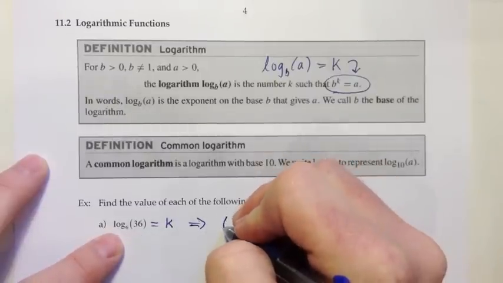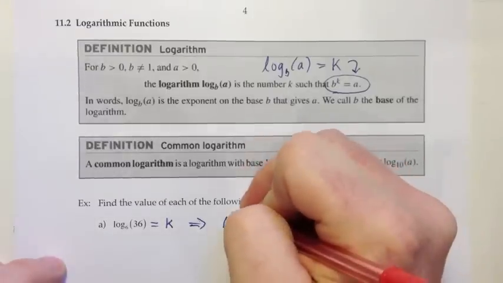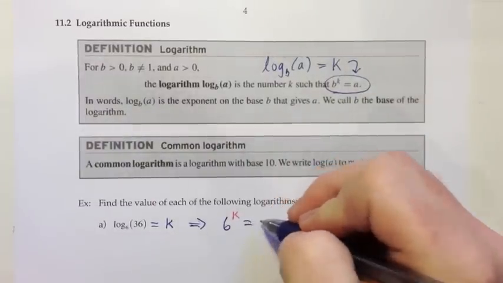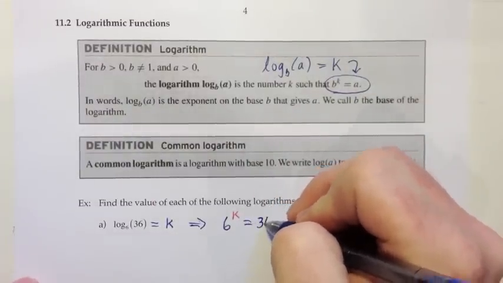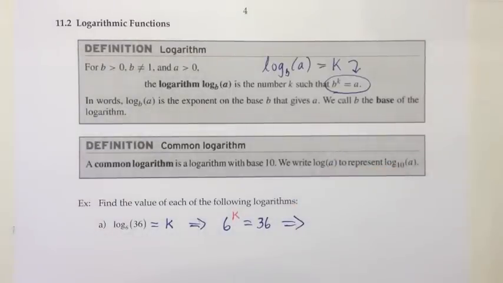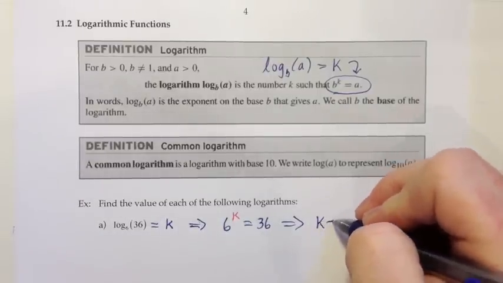So I can translate that and say, okay, so 6 to this k is going to be equal to 36. So what does that k have to be to make that work? When you think about it for a moment, you realize, if I square 6, I'll get the 36. So that means that k would be equal to 2.